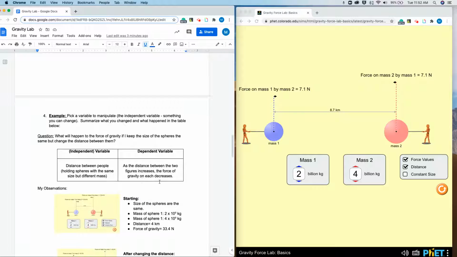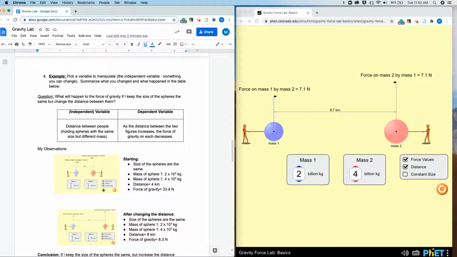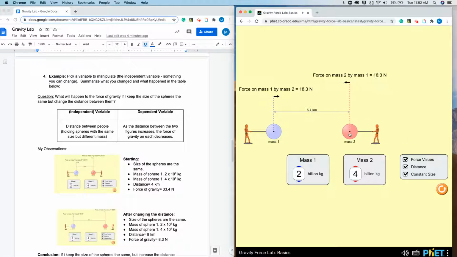My observations: starting out, I'm going to click right here where my spheres are the same size. The mass of sphere 1 is 2 billion kilograms, and the mass of sphere 2 is 4 billion kilograms, and my starting distance is 4.